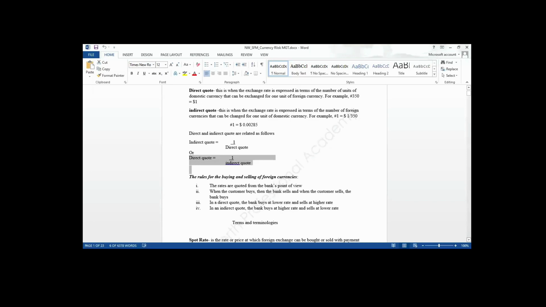And when the customer sells foreign currency, then the bank will buy foreign currency. What that means is that you must identify the buyer and the seller. When the customer is buying, bank is selling. When the customer is selling, bank is buying. There must be a buyer, there must be a seller.